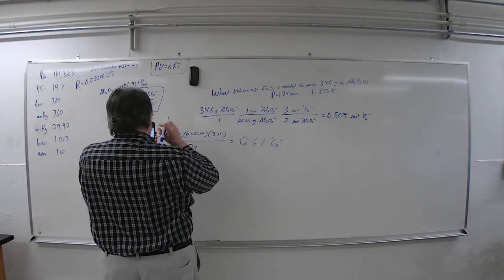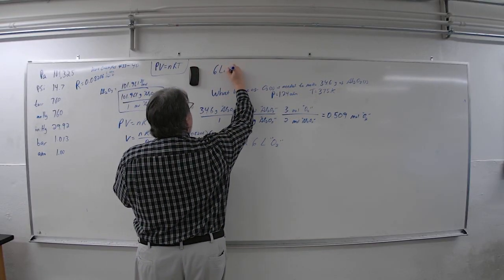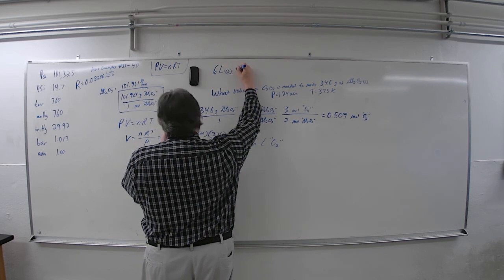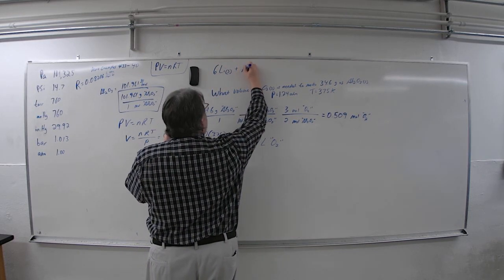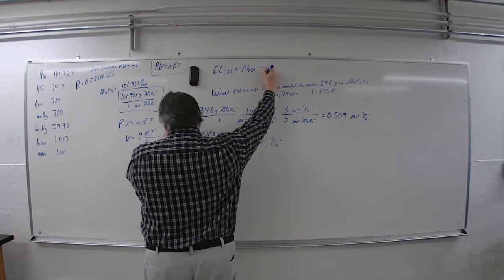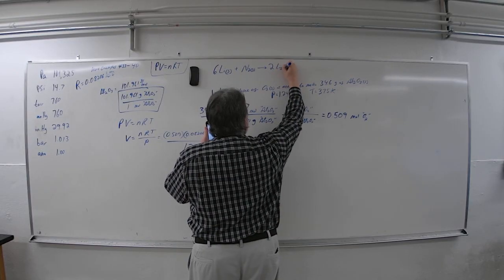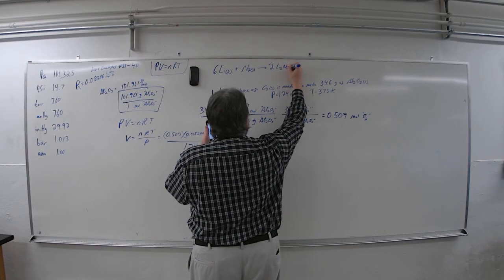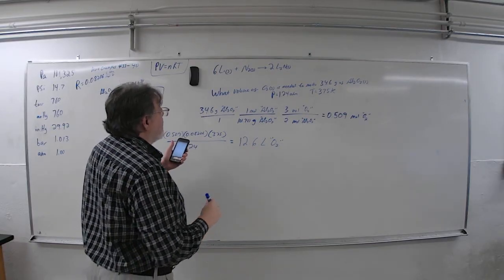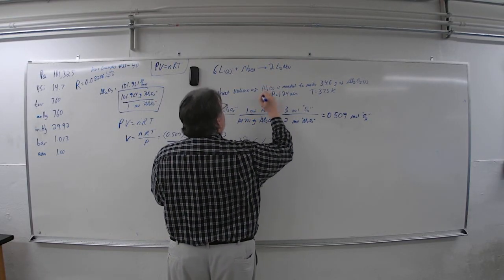But this time, the equation is 6Li solid plus N2 gas makes 2Li3N solid. All right.